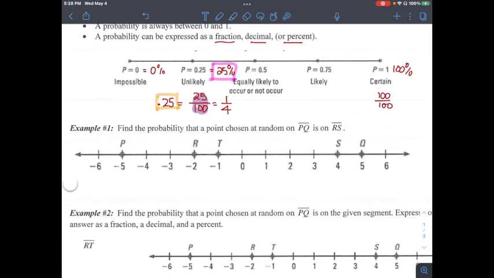Example number 1 says, find the probability that a point chosen at random on PQ is on RS. PQ is from P to Q, the whole thing, and RS is what we want.